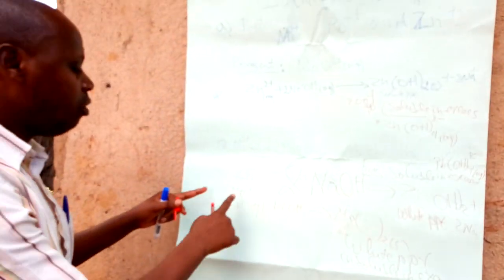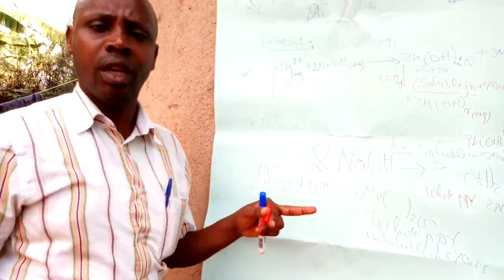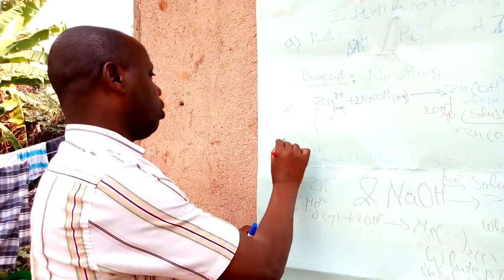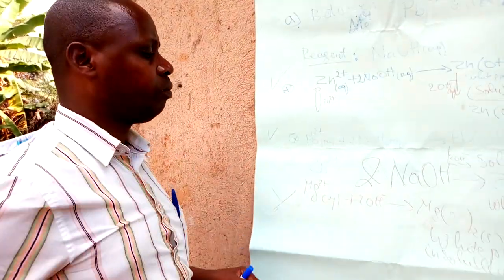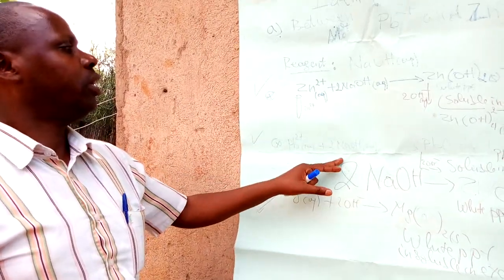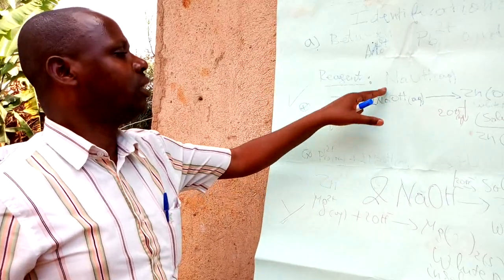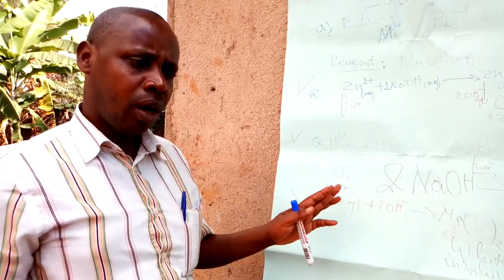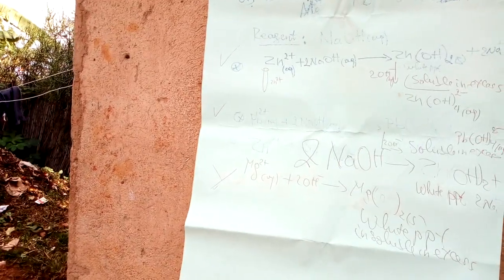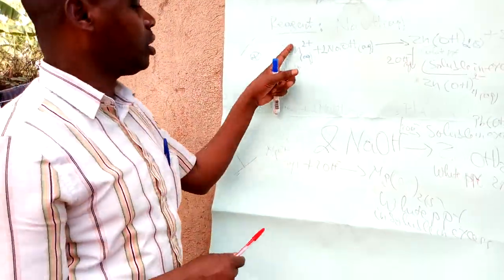If you find that the ions are soluble in excess, you can exclude magnesium and you can confirm lead and zinc. To distinguish between them, lead is soluble in excess when there is high alkalinity. In the following minutes, we are going to discuss how we have to distinguish zinc and lead.